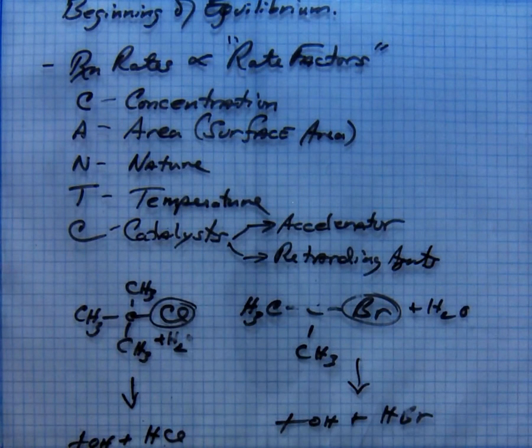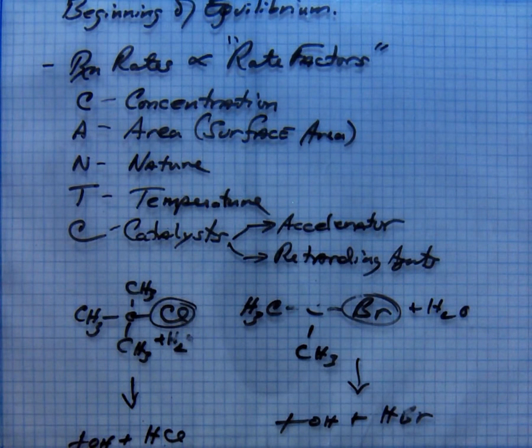But they both affect the rate of reaction. There are times when you want something to cook faster or reach products faster, so you throw in a catalyst. Millions of catalysts out there. Or you might put in something that will slow the reaction down.